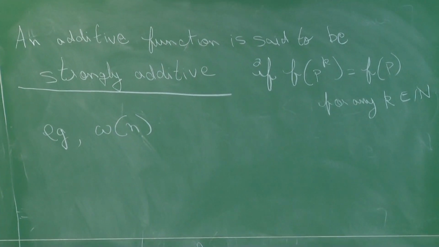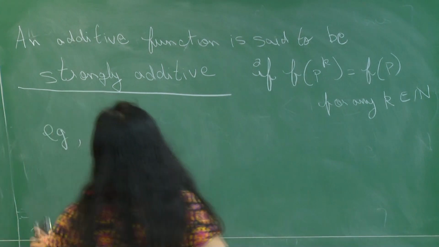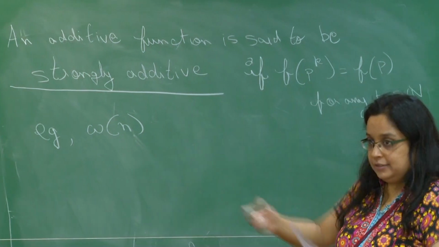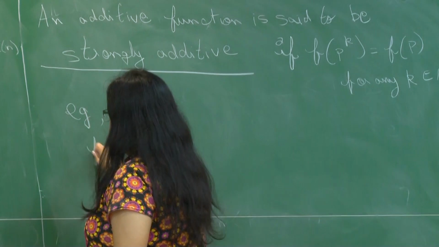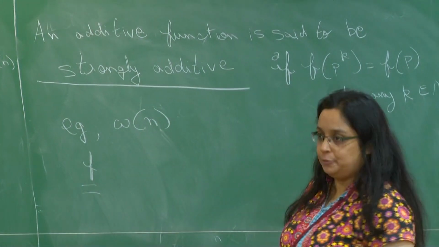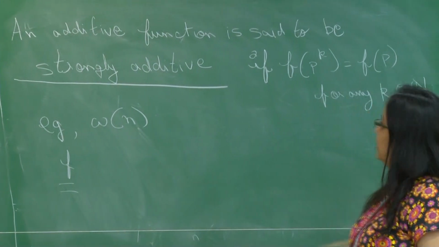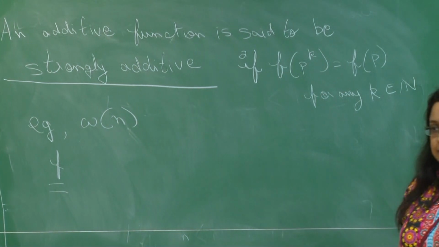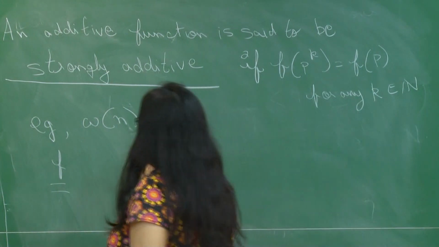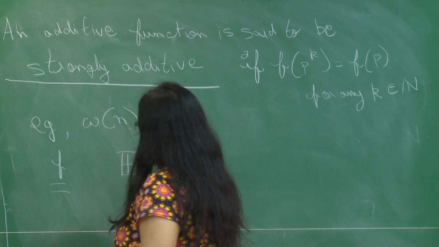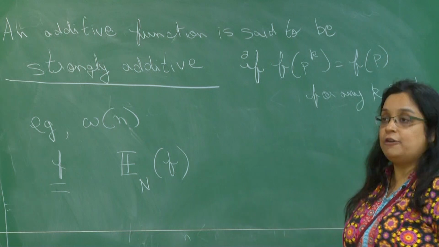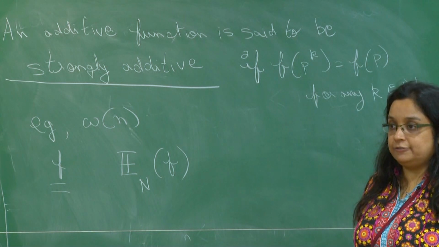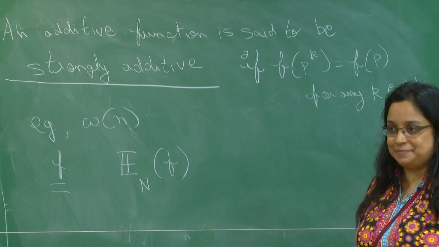Now, suppose I want to use the probability spaces that we have defined above. So far we have done all of this for omega, but for a general f, let us even assume that it is a strongly additive function. What is the expected value of f in the space of natural numbers up to capital N?